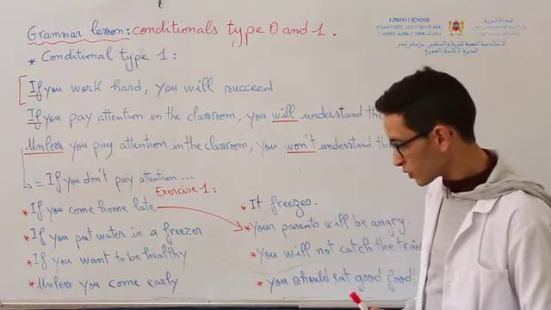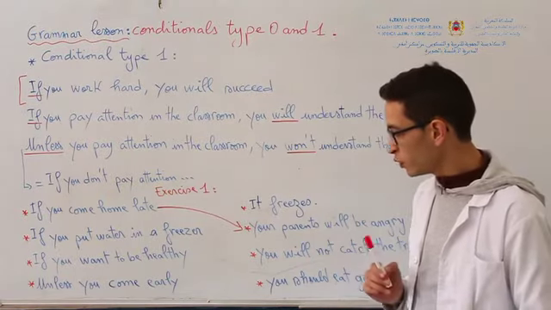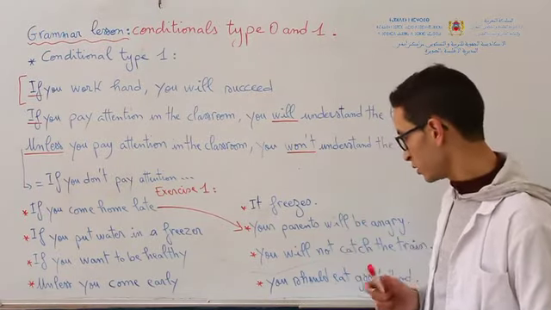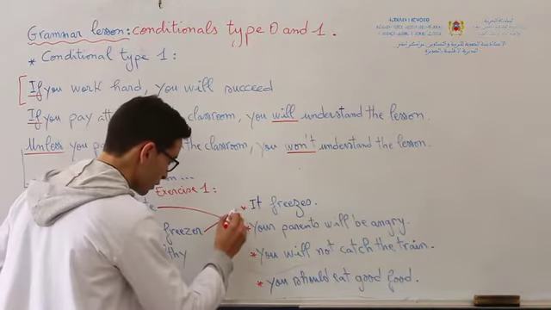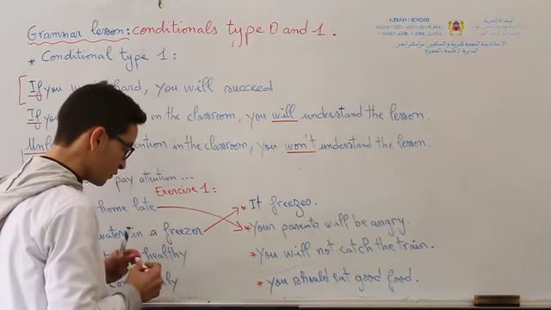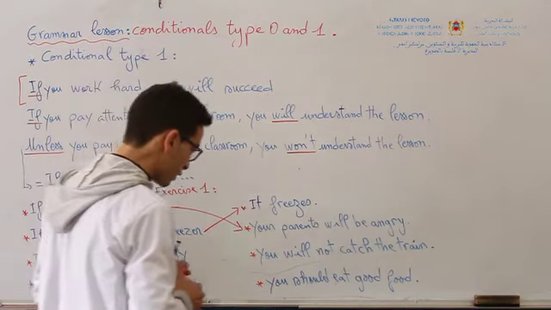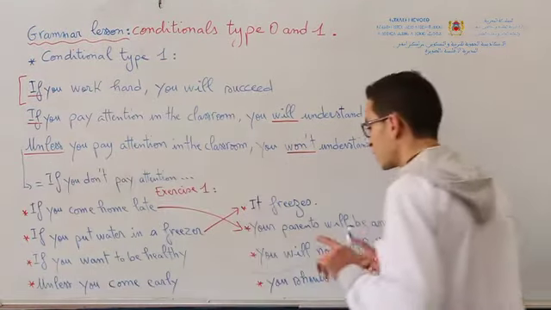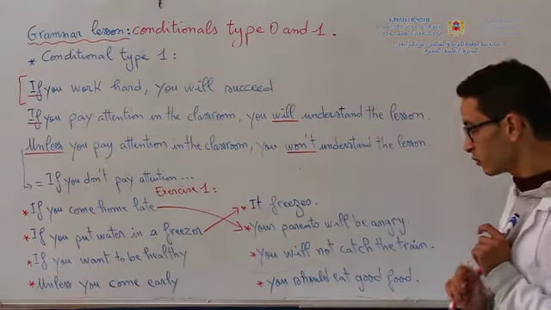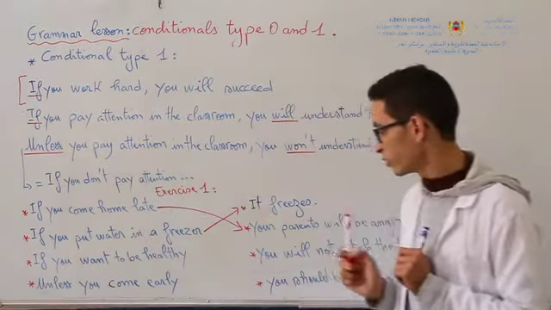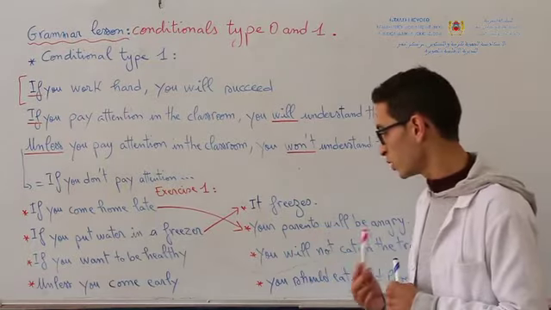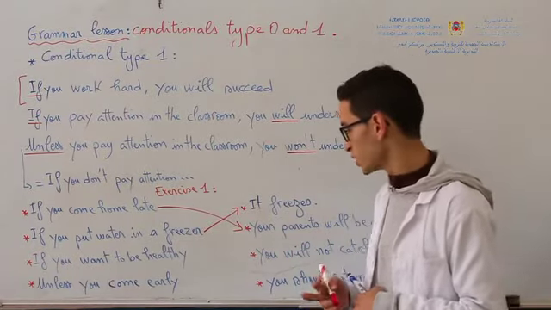Sentence number 2: if you put water in a freezer, it freezes. Now here, as you can see, we have a scientific fact, or let's say a scientific experiment. So this is the cause and this is the result. This is sure 100%. It always happens.